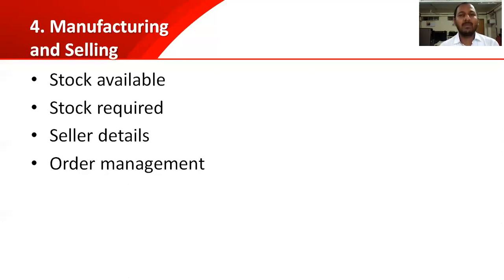It is only delivering the products which are manufactured by somebody else. Order management plays an important role. Now you can imagine how orders are managed by Amazon. So each and everything is stored in the database only. So manufacturing and selling industries also need database. Without database, it is very much difficult to get the profit or to run a particular industry.